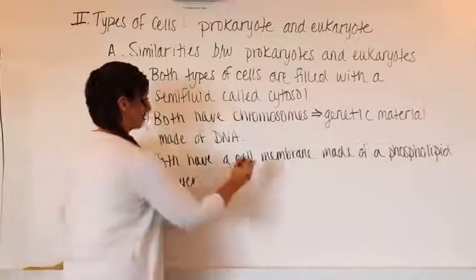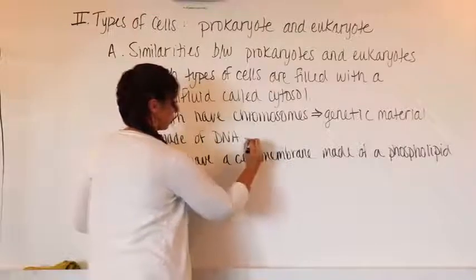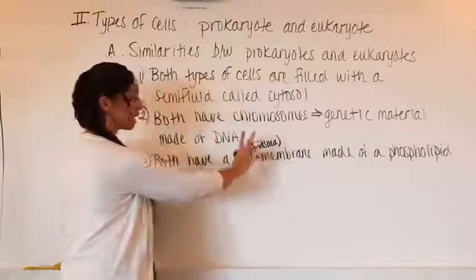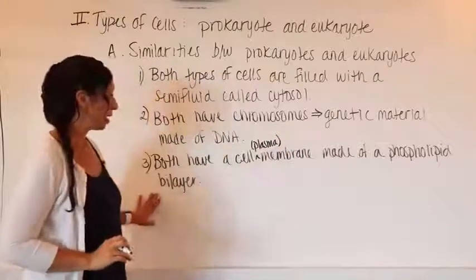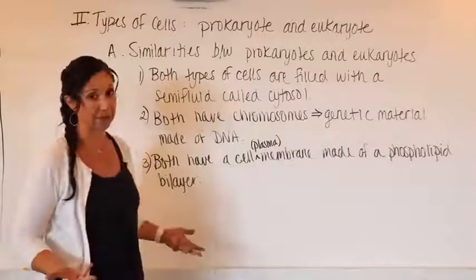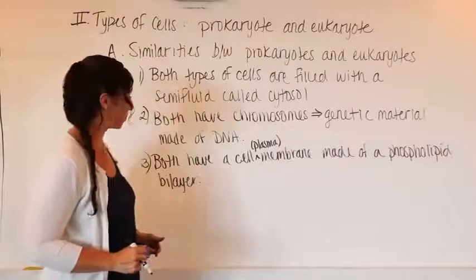And just in case, if you ever see anything different, if you see plasma membrane, same thing, okay? Some textbooks like to say plasma membrane, some like to say cell membrane, they're exactly the same thing.